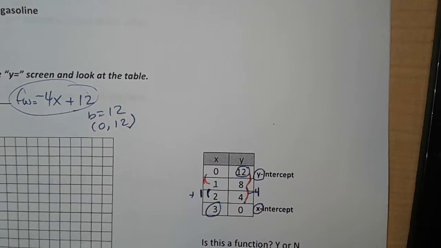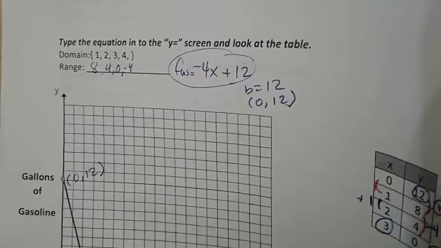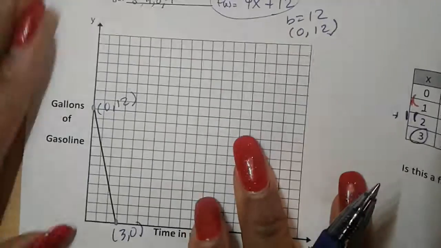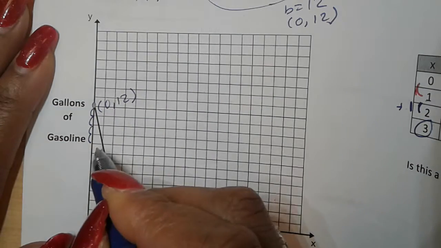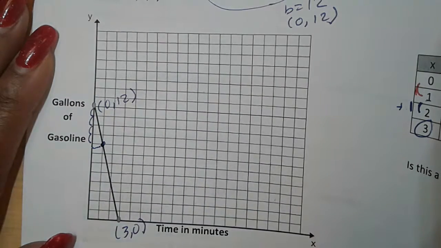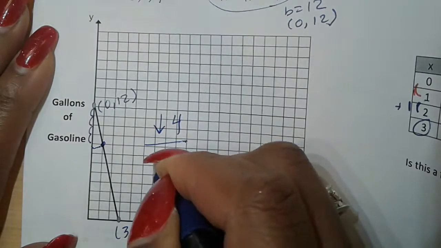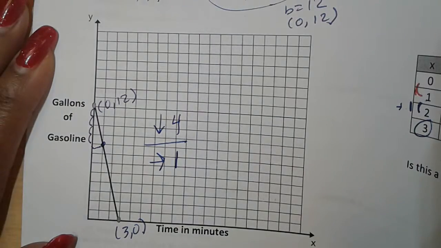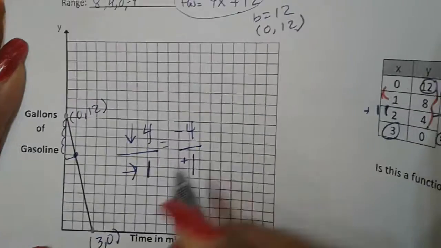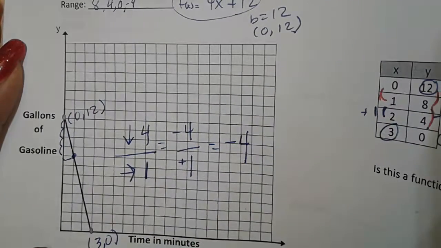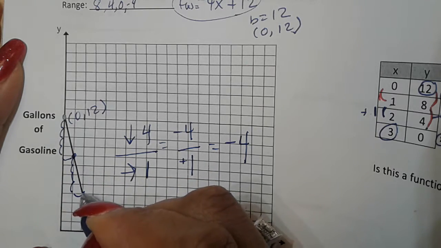So you can't put the negative on the 4 and the 1. So now let's go down 1, 2, 3, 4, but to the right 1. Down 4, right 1. -4 over +1 is -4. Down 1, 2, 3, 4 over 1.